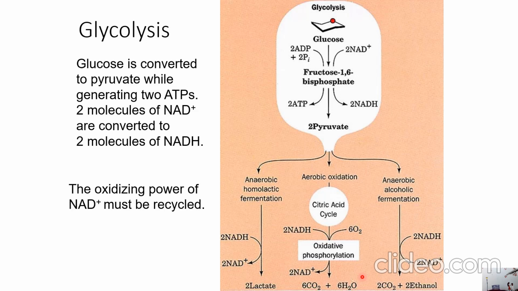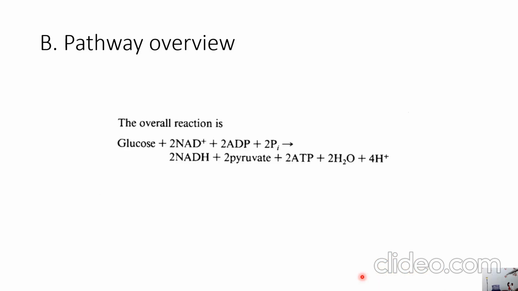So we know that glucose is converted to pyruvate while generating 2 ATPs. 2 molecules of NAD plus are converted to 2 molecules of NADH. So the oxidizing power of NAD plus must be recycled. The pathway overall reaction is: glucose to pyruvate, NAD plus to NADH, ADP to ATP plus Pi and H2O.